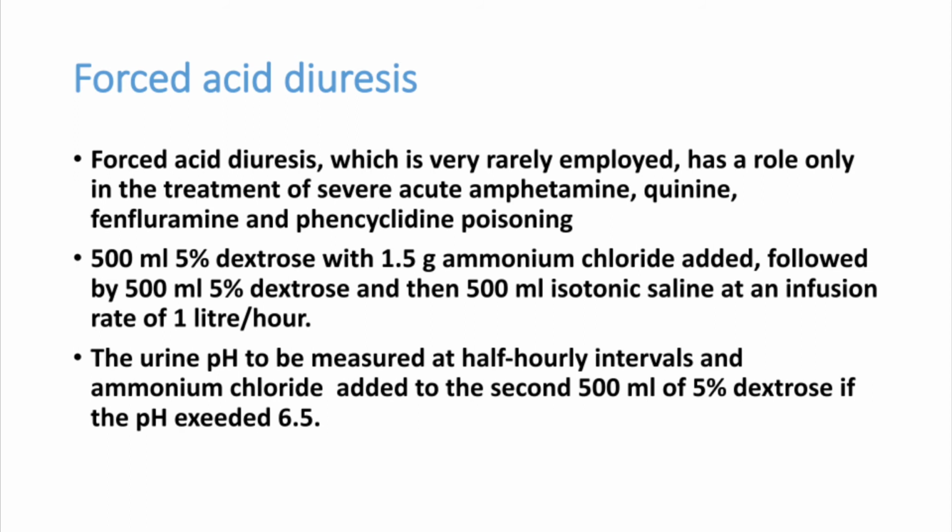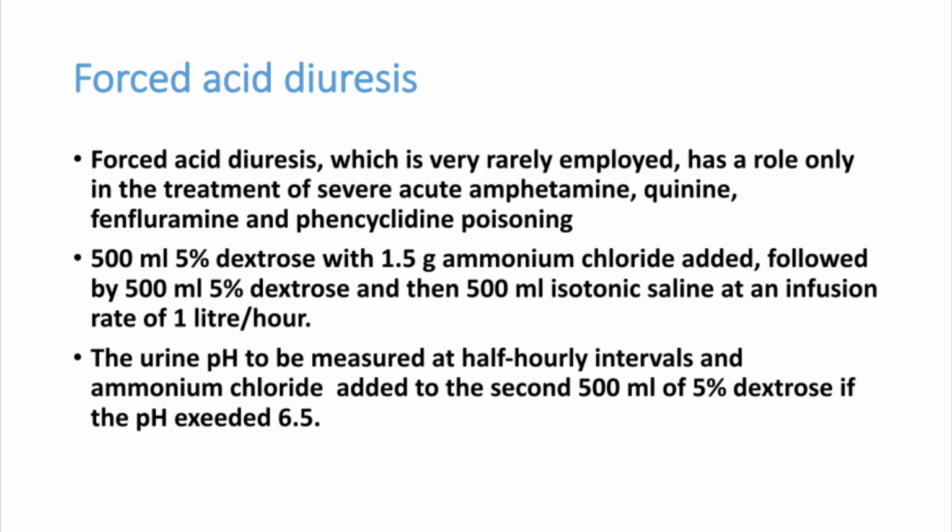Here 500 ml of 5% dextrose with 1.5 gram ammonium chloride is added, followed by 500 ml of 5% dextrose and then 500 ml isotonic saline at an infusion rate of 1 liter per hour. The urine pH is measured at half an hour intervals, and ammonium chloride is added to the second 500 ml of 5% dextrose if the pH exceeds 6.5. This is not used nowadays, but I have told it only for theoretical purposes.